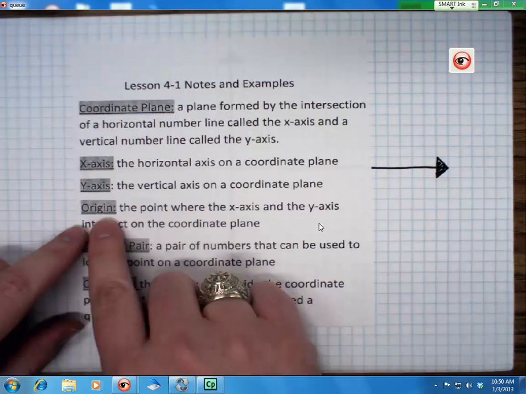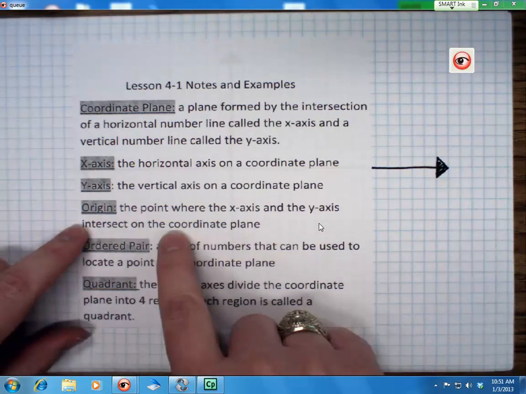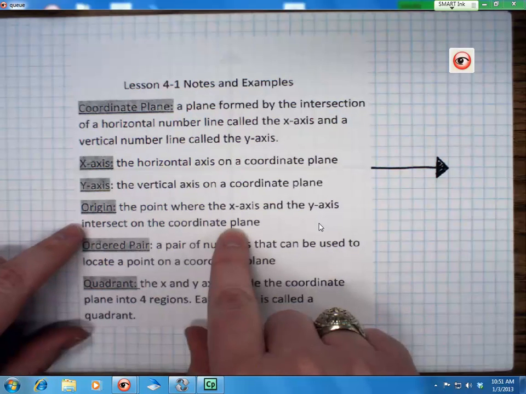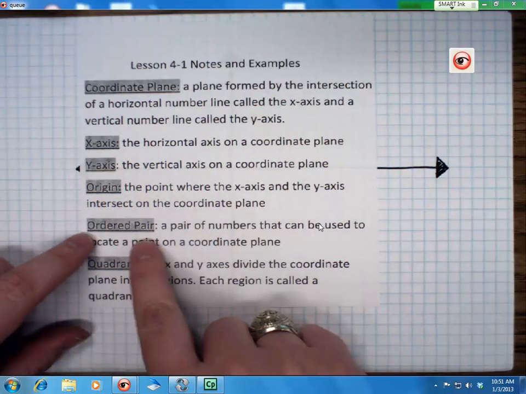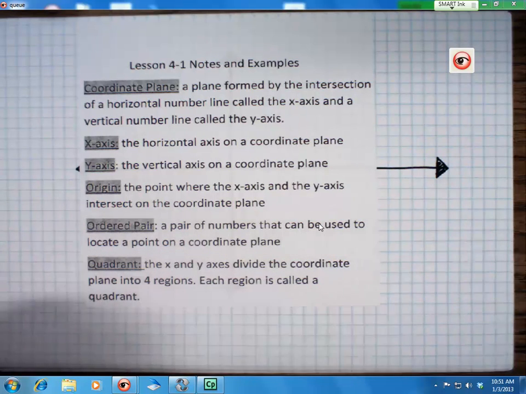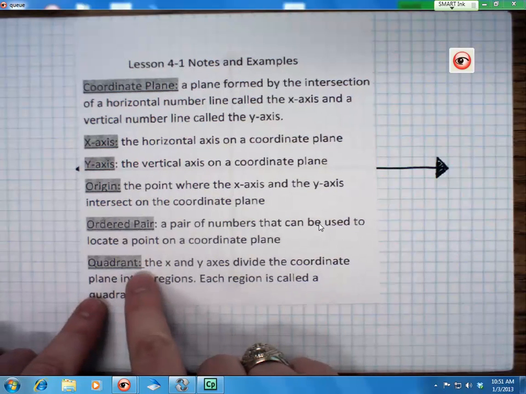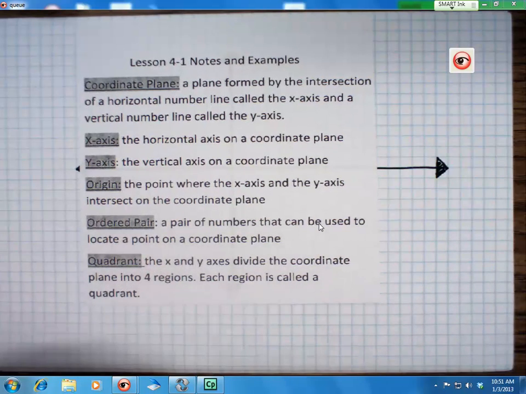The origin is the point where the x-axis and the y-axis intersect on the coordinate plane. An ordered pair is a pair of numbers that can be used to locate a point on a coordinate plane. And lastly is quadrant. The x and y axes divide the coordinate plane into 4 regions. Each region is called a quadrant.